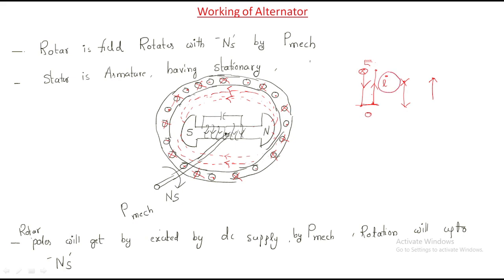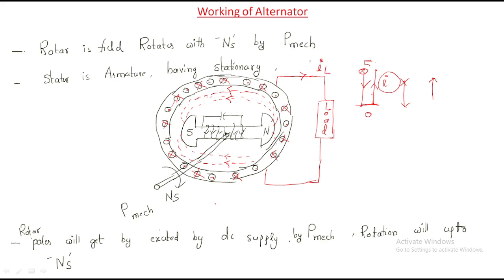These three-phase currents will be produced across these conductors and collected by the load. So it is connected to some load, and we will get the three-phase power. So this is the load current.